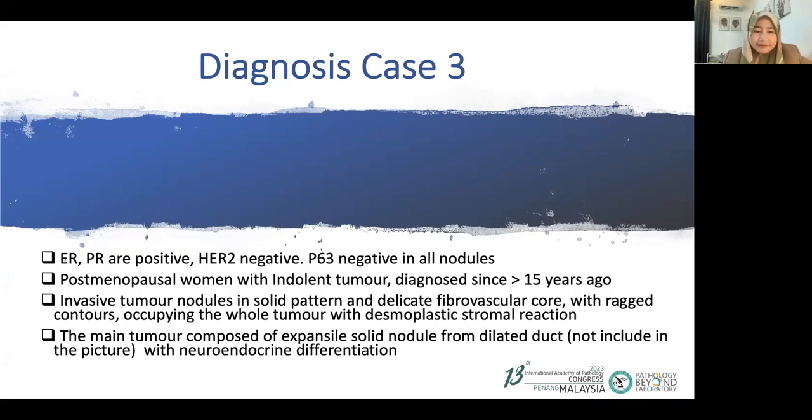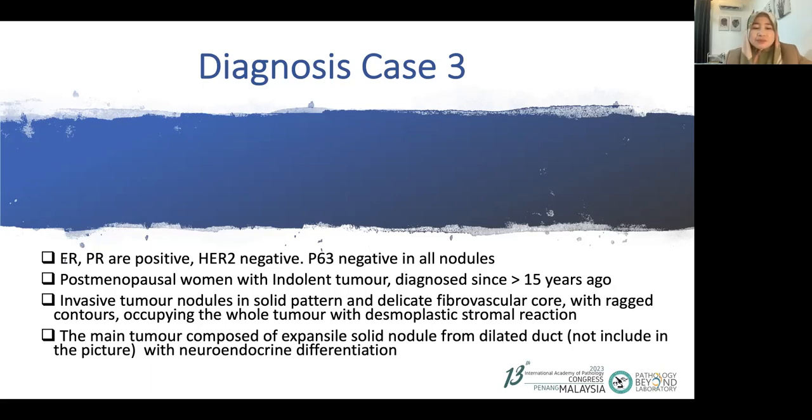A postmenopausal woman with an indolent tumor, diagnosed more than 15 years ago, with invasive tumor nodules in a solid pattern and delicate fibrovascular core with ragged contour, occupying the whole tumor with desmoplastic stroma.